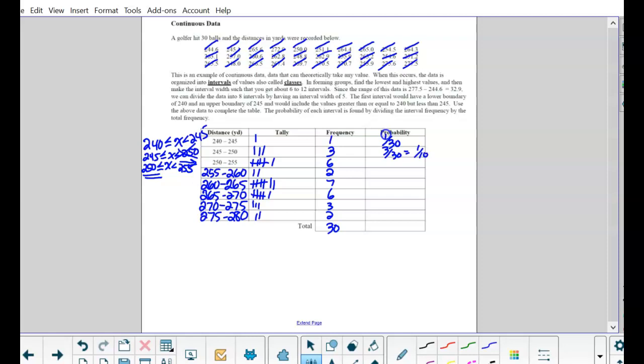Reduce it. The total should be 1. If you added up all those fractions, you would get 1, right? Total probability of anything is 1.